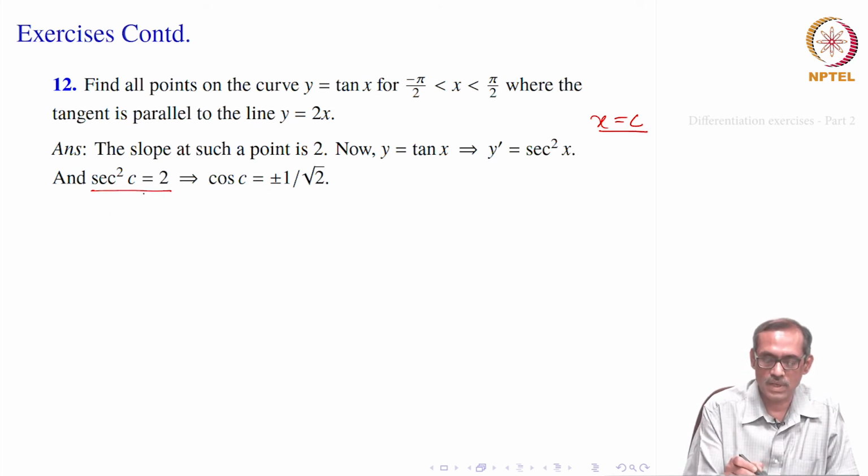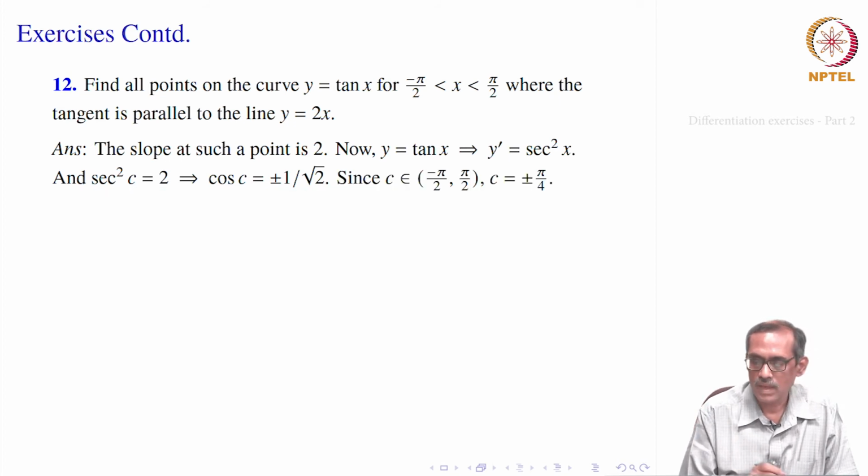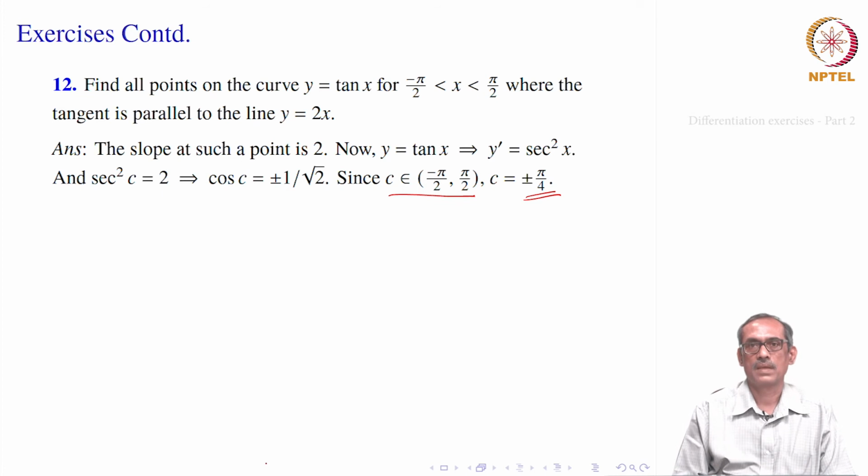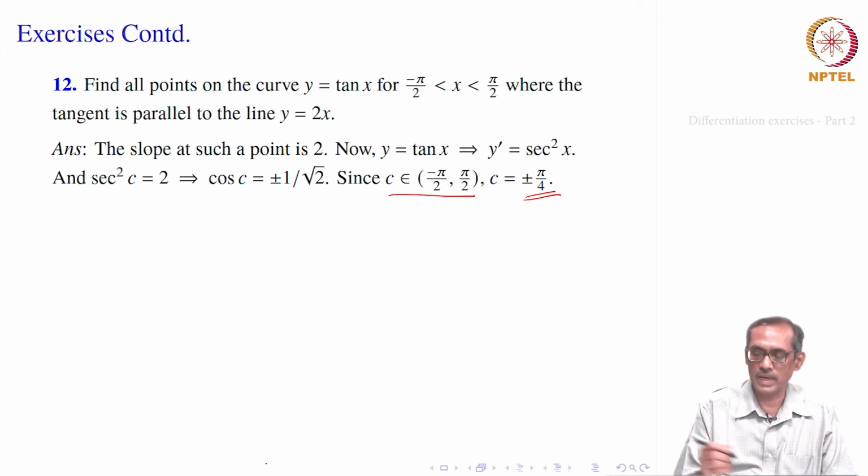So, 1 by cos square C equal to 2, or cos C will be plus or minus 1 divided by root 2, fine. Since C belongs to minus pi by 2 to pi by 2, C must be plus or minus pi by 4, that is what we say. So, from the slope itself we get some hint that C must be plus or minus pi by 4, and that is it.